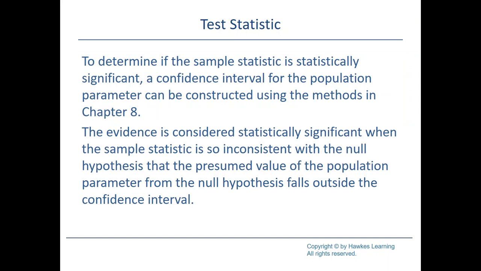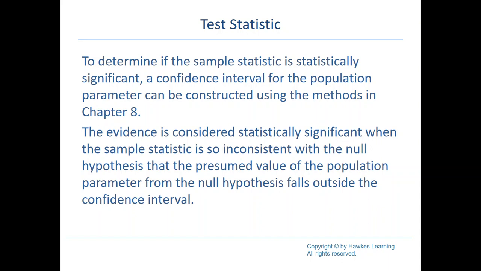Now, to determine if the sample statistic is statistically significant, a confidence interval for the population has to be constructed using the methods that we found in Chapter 8, which is why we spent time learning Chapter 8. Now, the evidence is considered statistically significant when the sample statistic is so inconsistent with the null hypothesis that the value of the population parameter for the null hypothesis falls outside of that confidence interval.